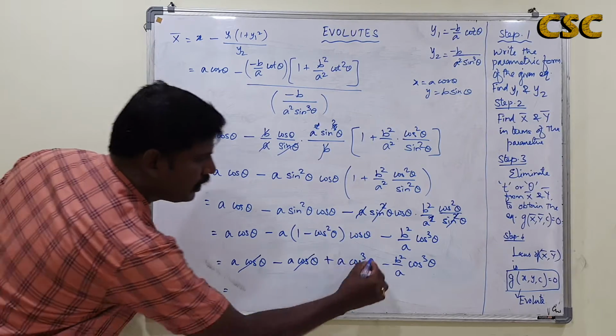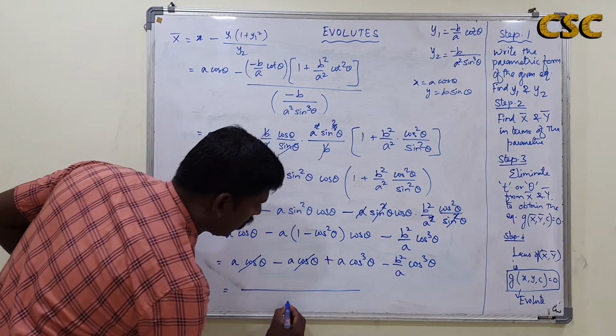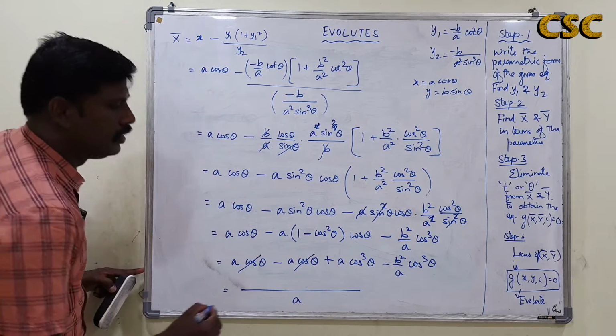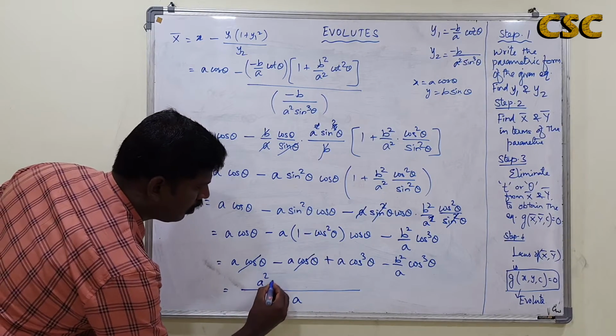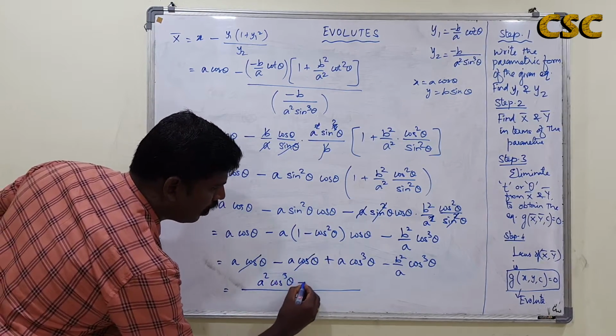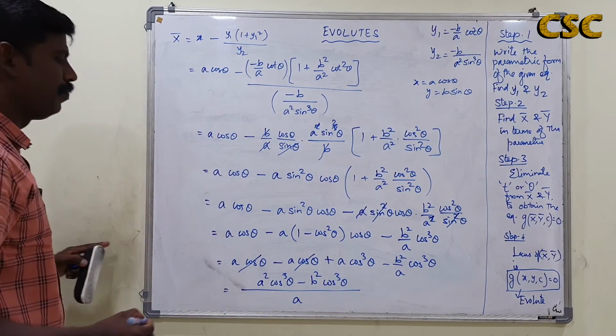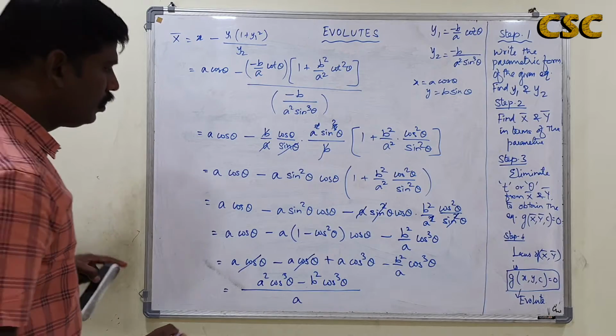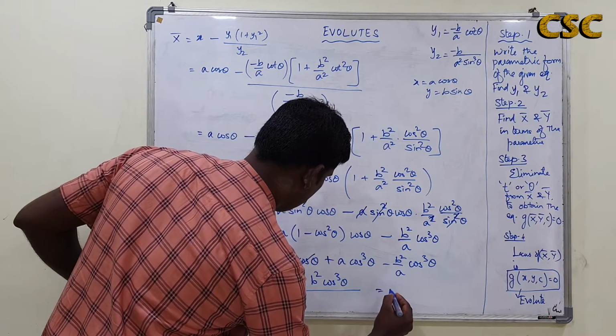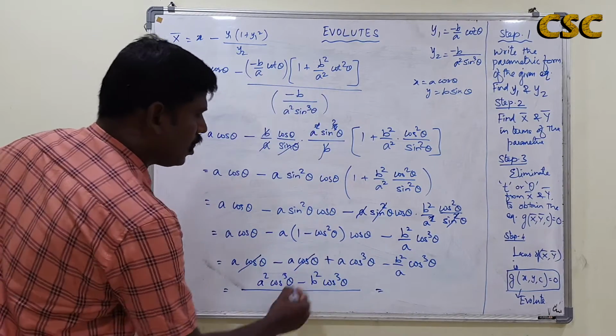Taking the LCM between these two terms, a is the LCM. So a square cos cube theta minus b square cos cube theta, right? This can be written as, here we can take cos cube theta as common.